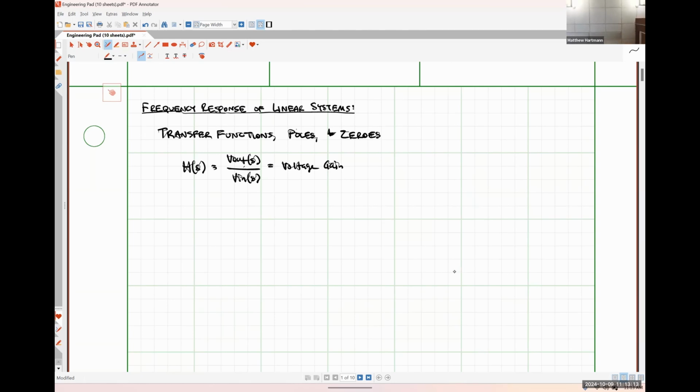All right, so we've got a voltage transfer function that is just the ratio of the output voltage to the input voltage. We could also have a current transfer function that would be the ratio of I out as a function of S to I in as a function of S. So this would be our current gain.